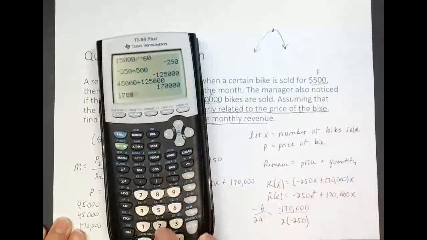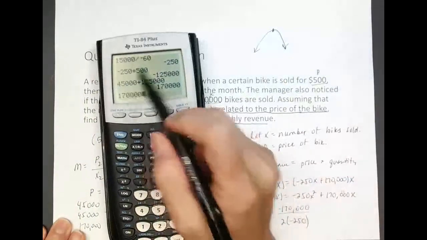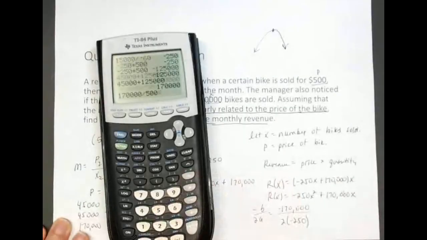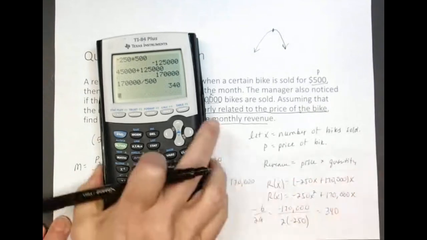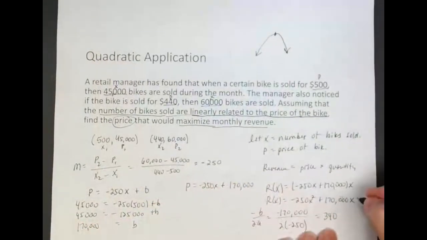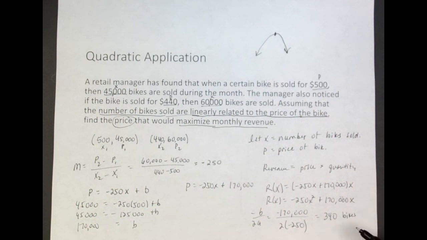Let's see what that is. Oh, get my zeros straight. All right. It's 340. So what is this telling me? This is X, so it's 340 bikes. So if I sell 340 bikes, that maximizes revenue. Is that right?